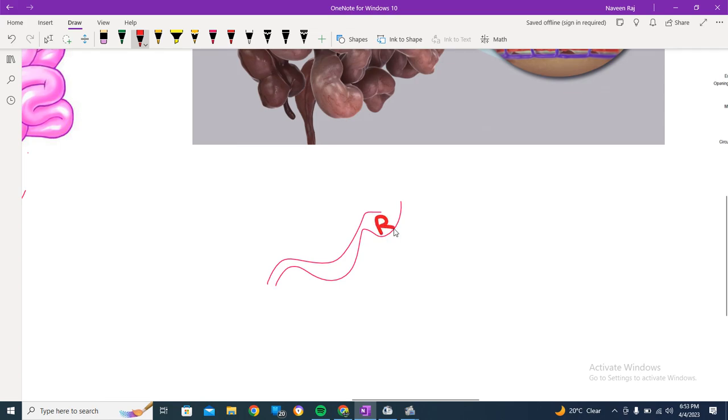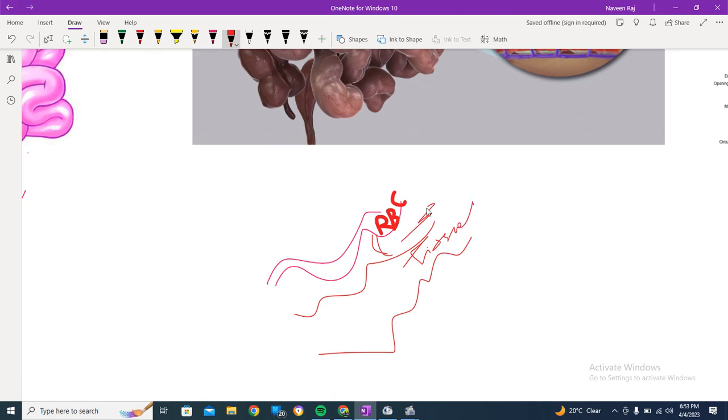RBC are retained in it, while the WBC and other material gets into this tissue part, right? The tissue organ part, and in between, where it enters, is the tissue fluid.